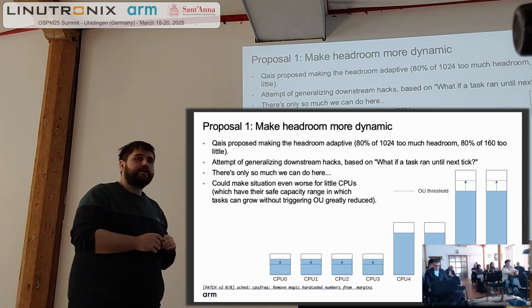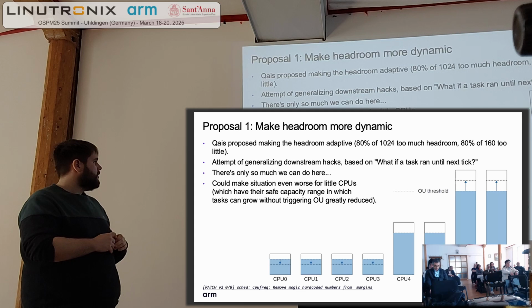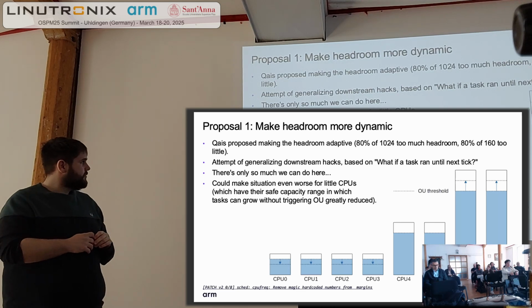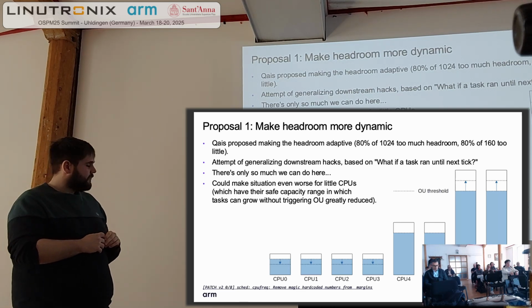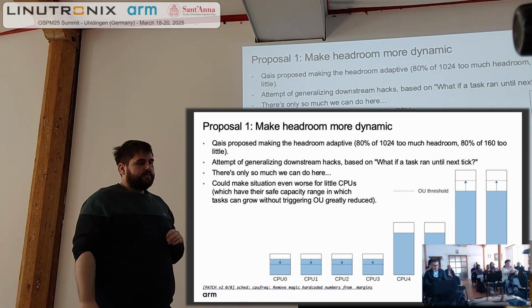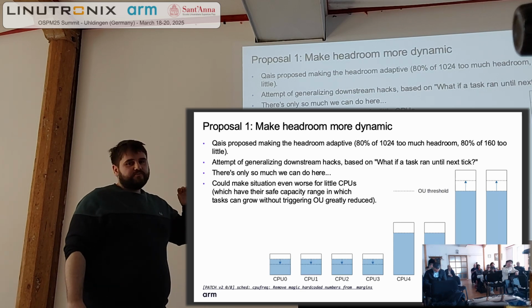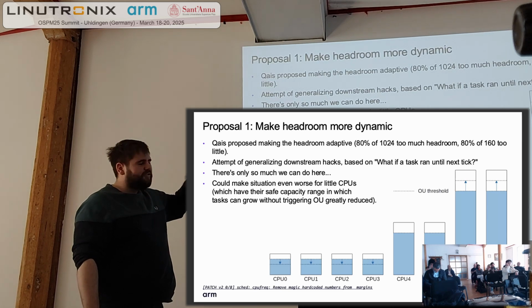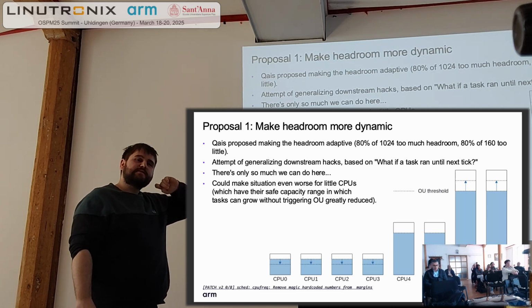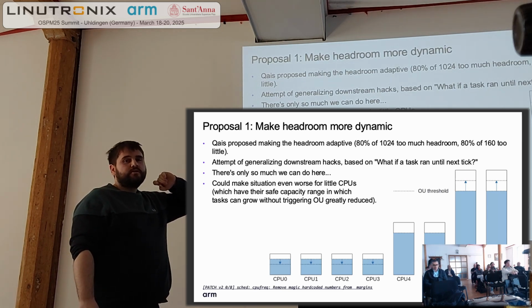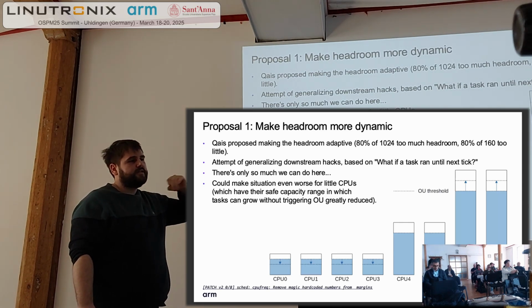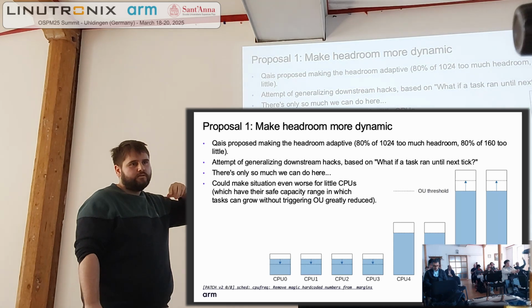It's just more dynamic in terms of topology. And actually, of course, it could make the situation even worse for little CPUs, in the sense that it takes about, I've had this on a newer version of the slides, I'm sorry, 35 milliseconds or so on a 160 capacity CPU to reach the 80%. And if we now make this 50%, it only takes like 22 or 24.